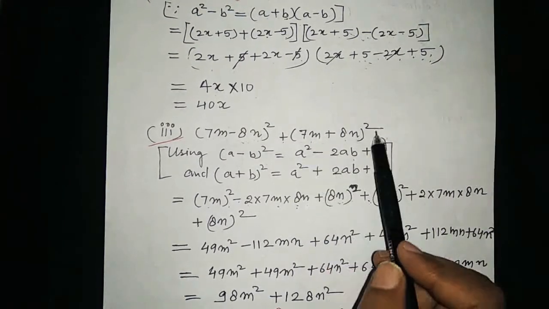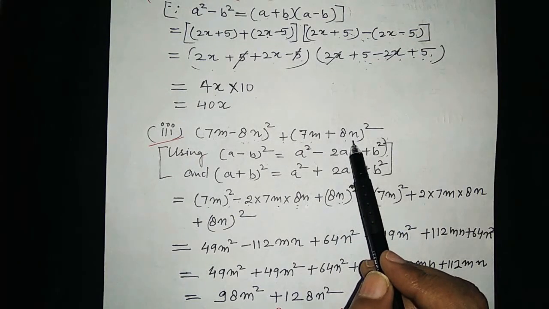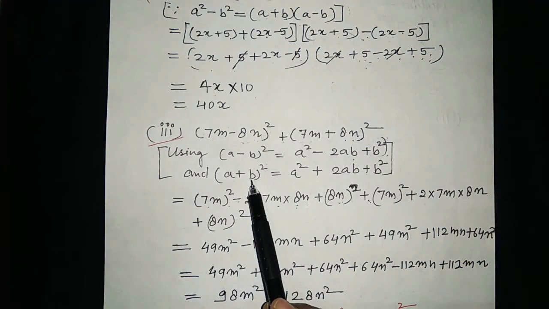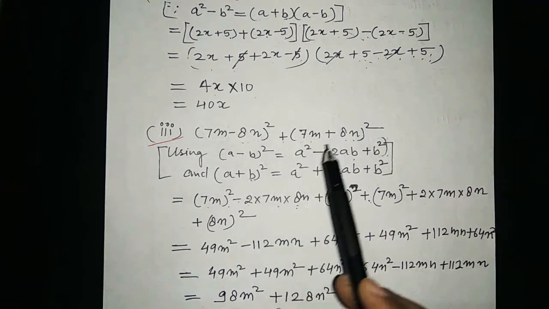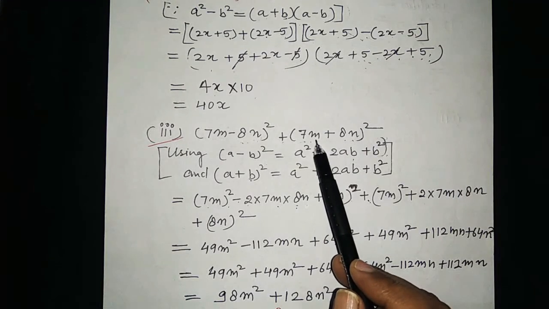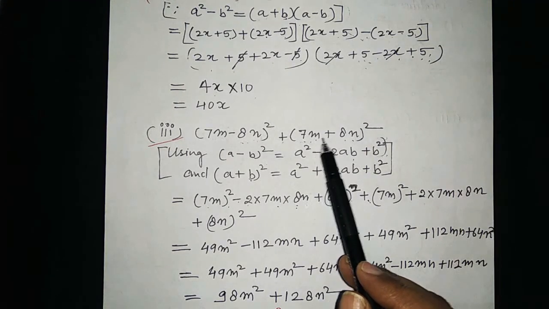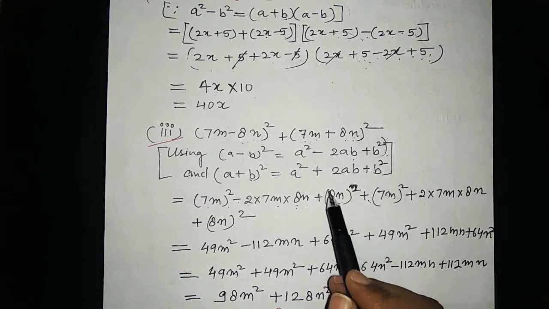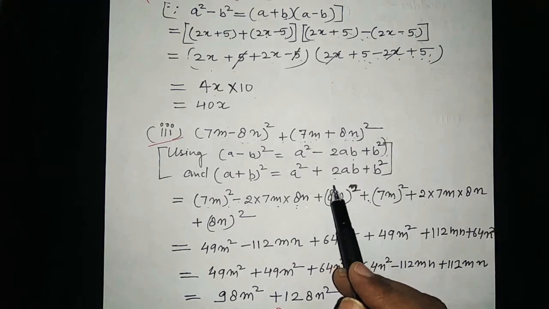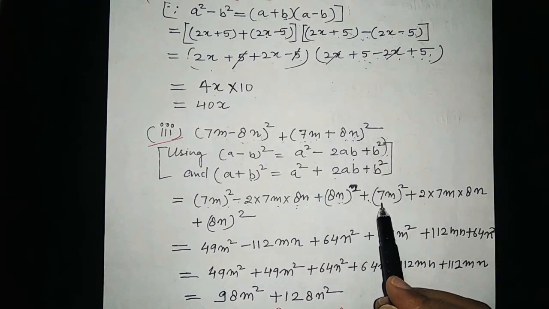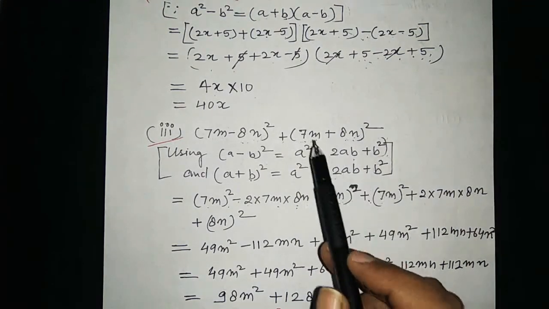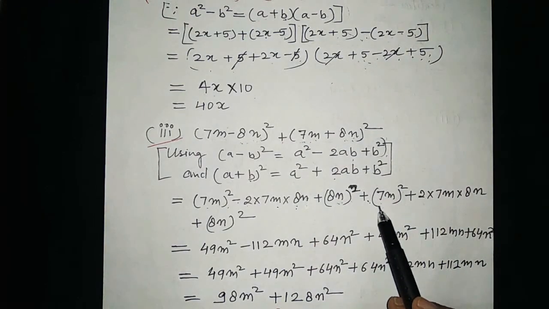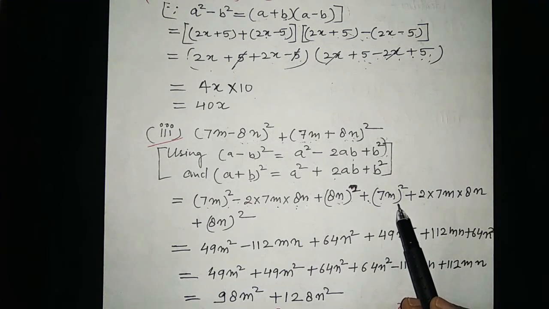and for this (7m + 8n) whole square we will use here (a + b) whole square. So here what is a? Here a is 7m, and what is b? b is 8n. Now we will use this identity. Here first we will write a square. For a square we will write here (7m) whole square. Students, always keep this thing in your mind.